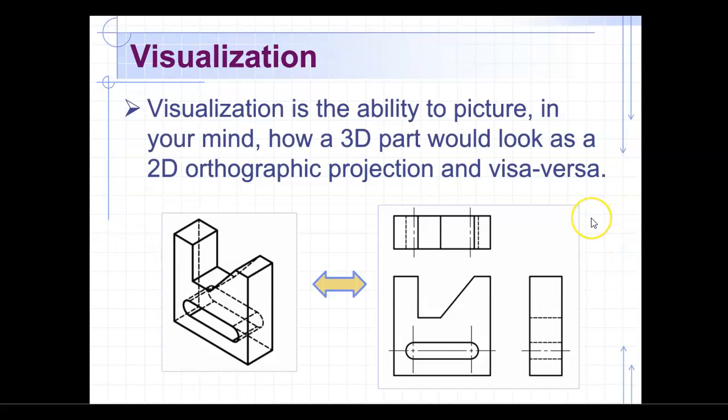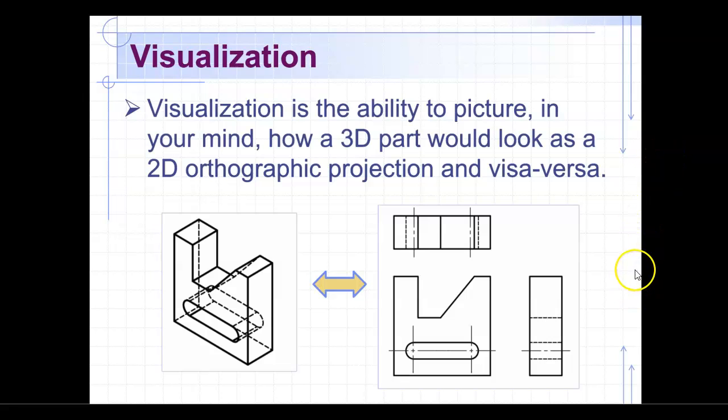Visualization here is the ability to picture in your mind how a 3D part would look. A lot of what we do is to play these problems off where we've got an isometric or an axonometric and we go into an orthographic projection, or we're given the orthographic projection and we practice by trying to sketch or draw the isometric.